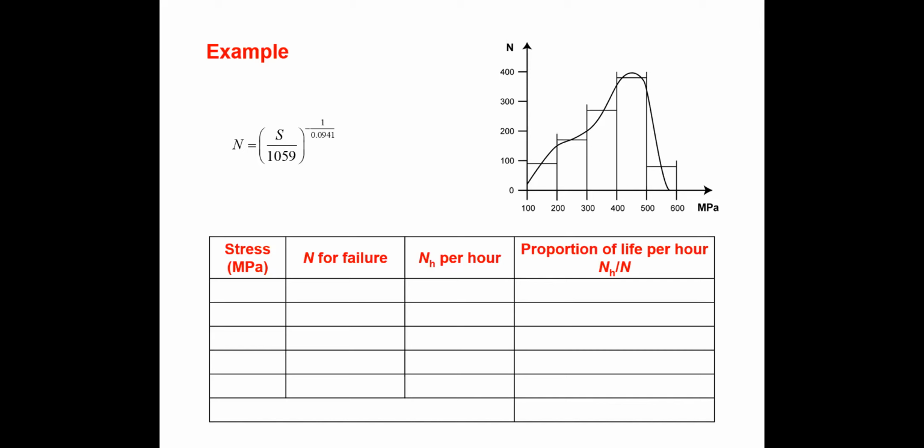Okay. So with the Miner rule, you need to find out the small n and capital N. Small n means how many cycles you are going to apply with this stress, and capital N means with that stress how many cycles you need to apply to break this particular sample.